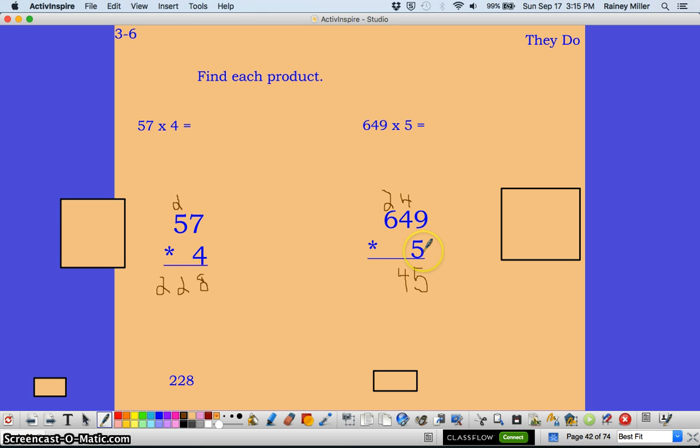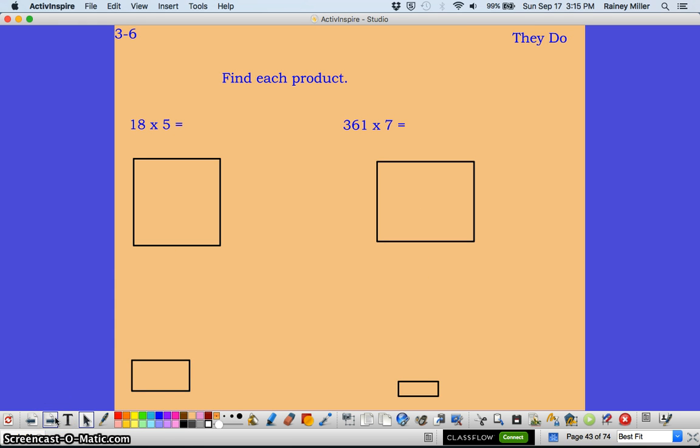So 5 times 6 is going to be 30, and so my last part is going to be a 32. Let's see how we did. So 3,245. Yep, we got it. Okay, so here are some other ones that I want you to try.